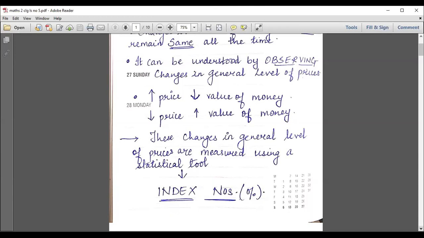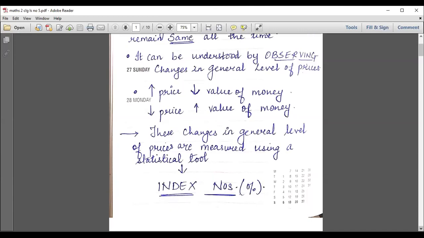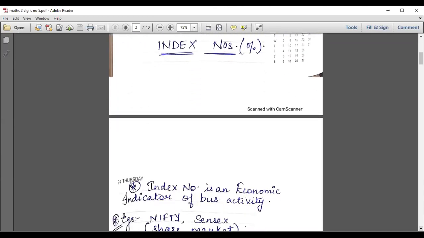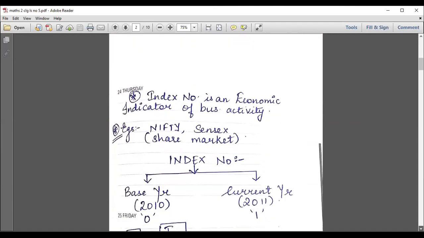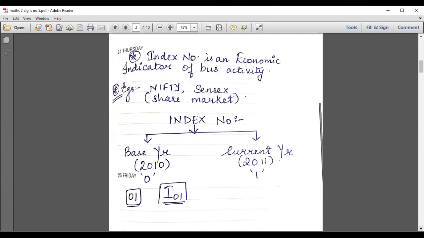Index numbers are basically expressed in terms of percentages, that is, multiplied and considered in terms of 100. Index number is an economic indicator of business activity. As I told you, it can help us to know the economic state of the business. So it can be considered an economic indicator of business activity.